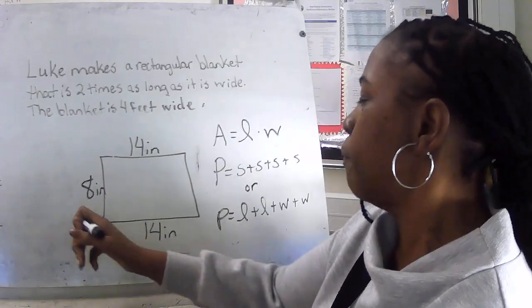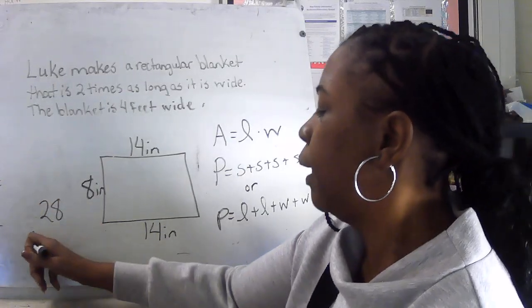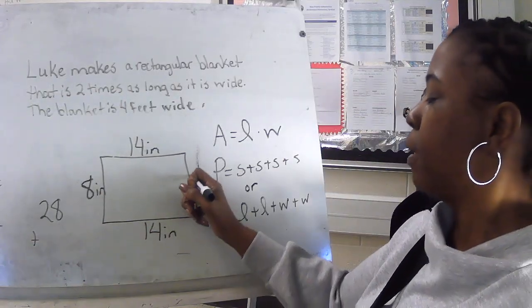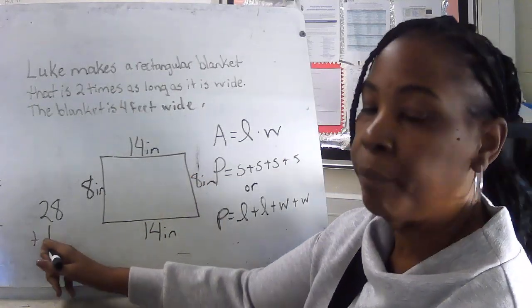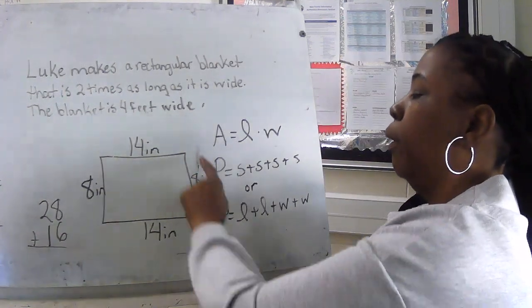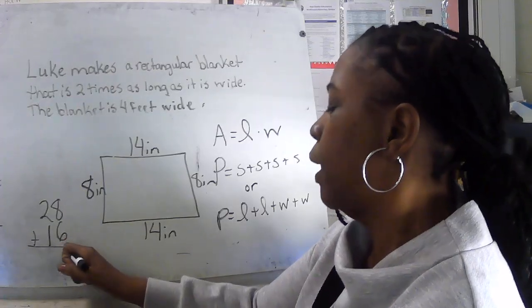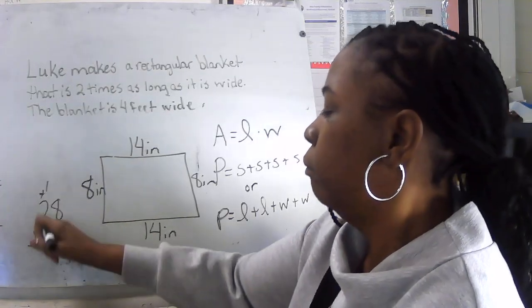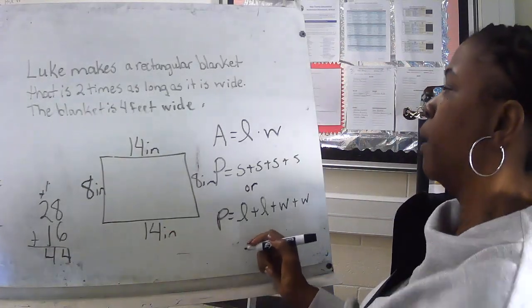So 14 times 2 is 28, plus, if this side is 8, the other side is also 8 inches, and we know 8 plus 8 is 16. We're going to add that up to find the perimeter, the area around the frame, the railing. So that is 28 plus 16, which is 44. So the perimeter for this shape is 44.